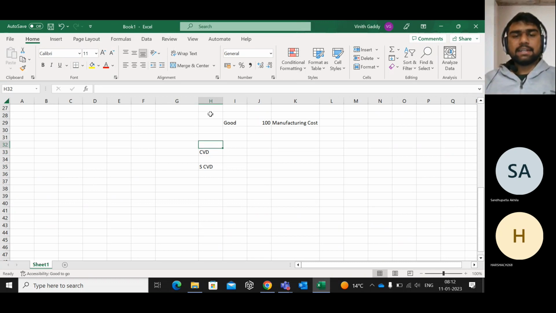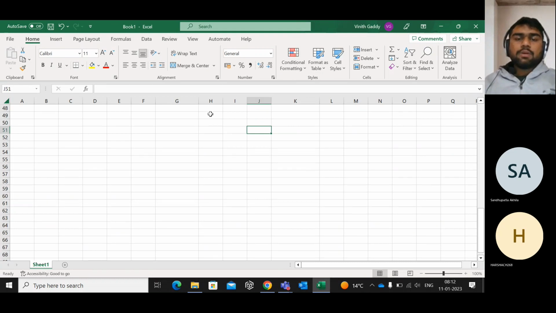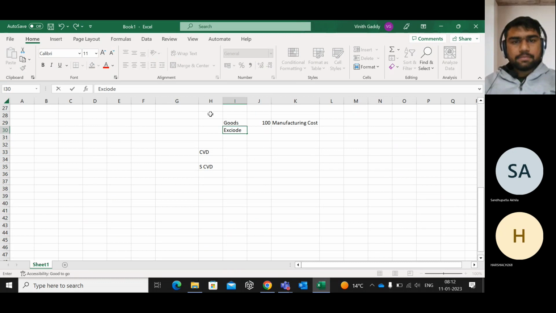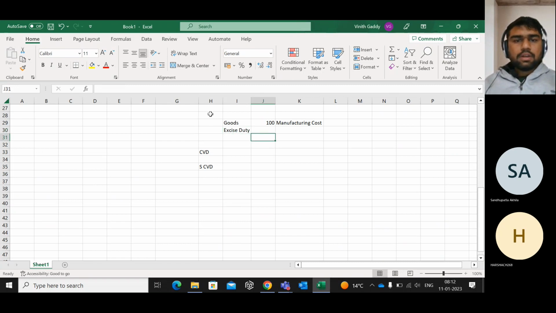That means in the old indirect tax regime, one good, if it is manufactured in India, you need to pay excise duty. Let's say it's 10 rupees. You need to pay VAT. Now, this product you are getting for 120 rupees.